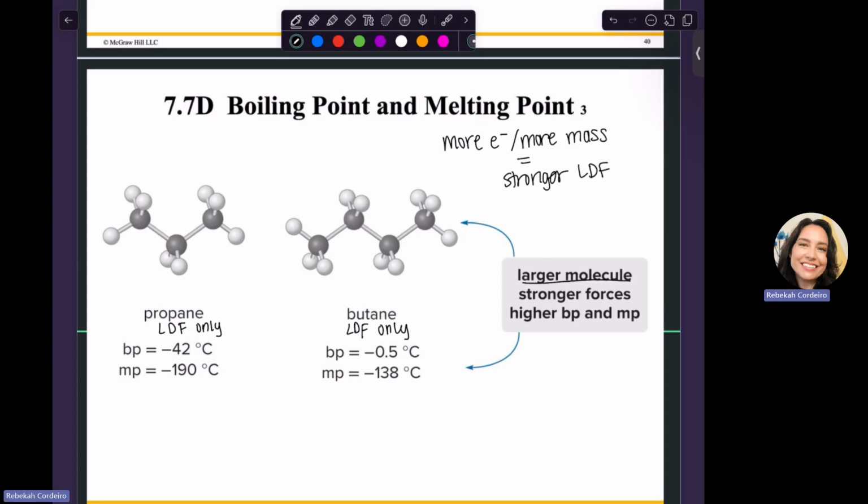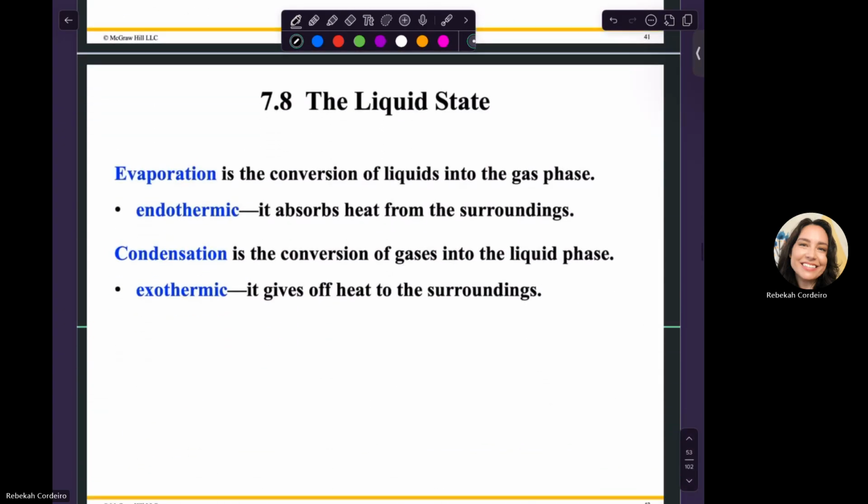Because the more electrons you have, the more likely your electrons are going to be off center a little bit. So the more opportunities you have to have that connection, to have that glue. And so we see changes. Now notice it's not as drastic of a change as the hydrogen bond, but it is a change.